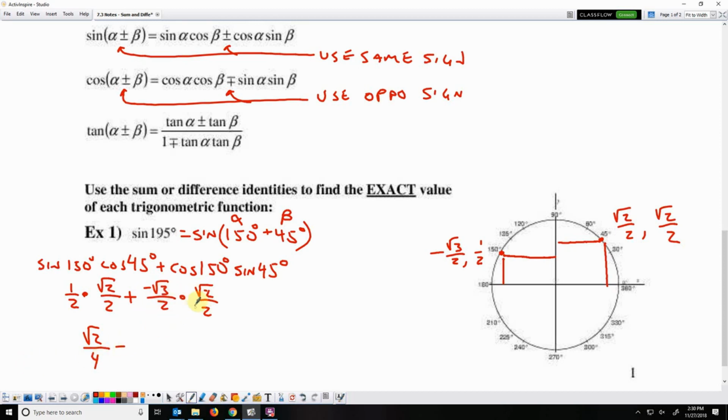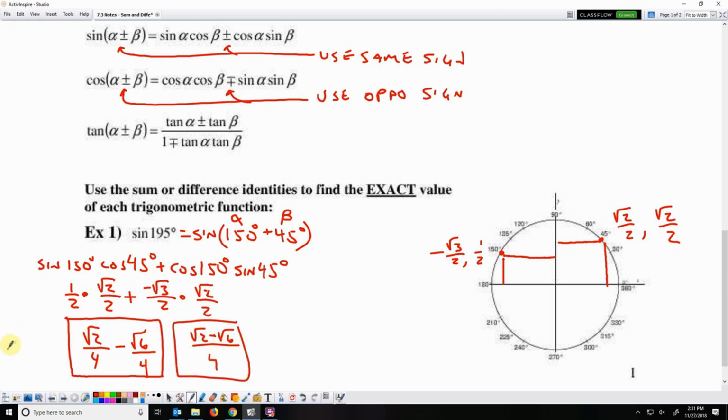Root 3 times root 2 is root 6 over 4. So that's my final answer. Or I could write it in one fraction as root 2 minus root 6 over 4. So that answer would be just fine as well. Or if I had these the other way around, I could have negative root 6 plus root 2 over 4.